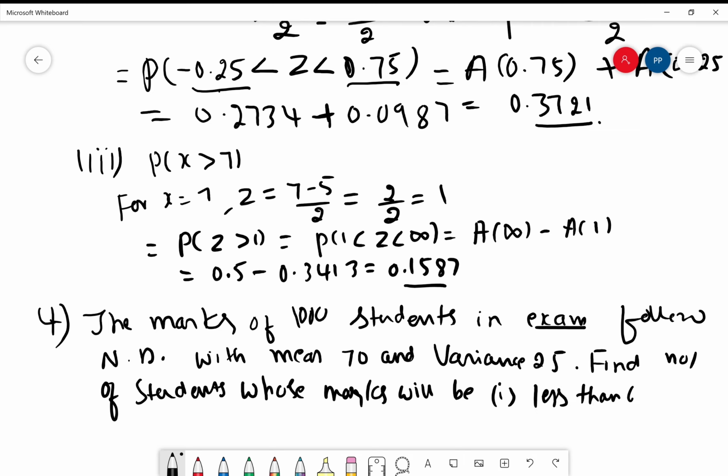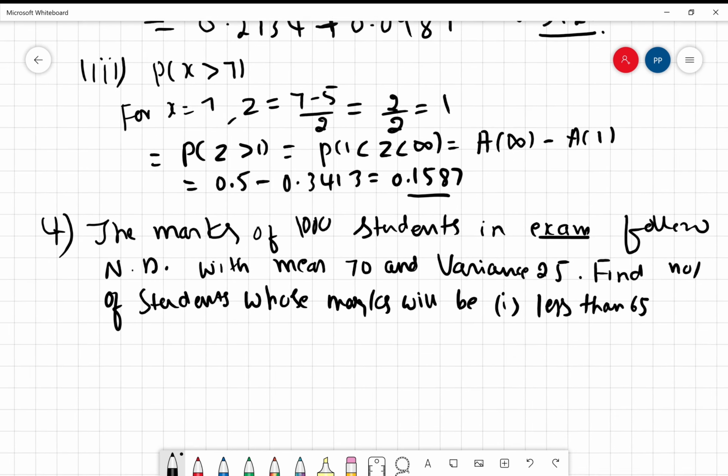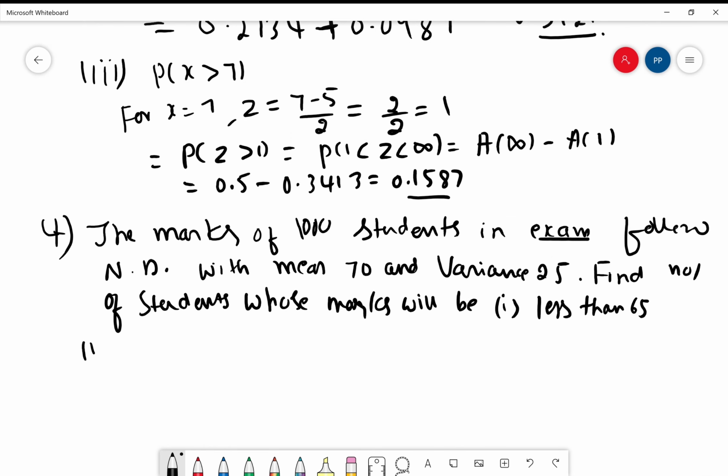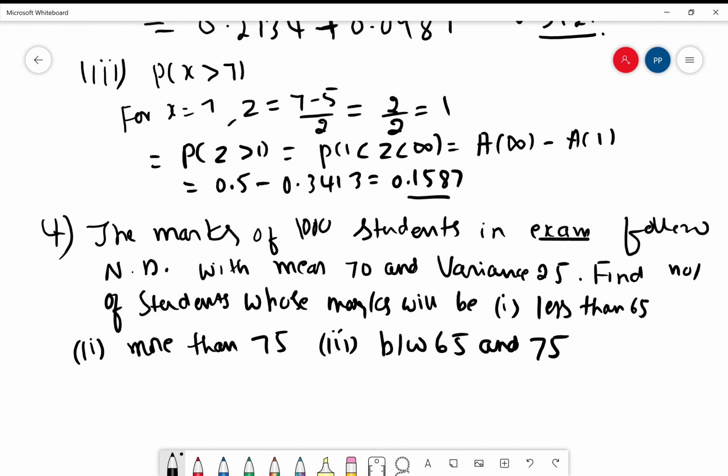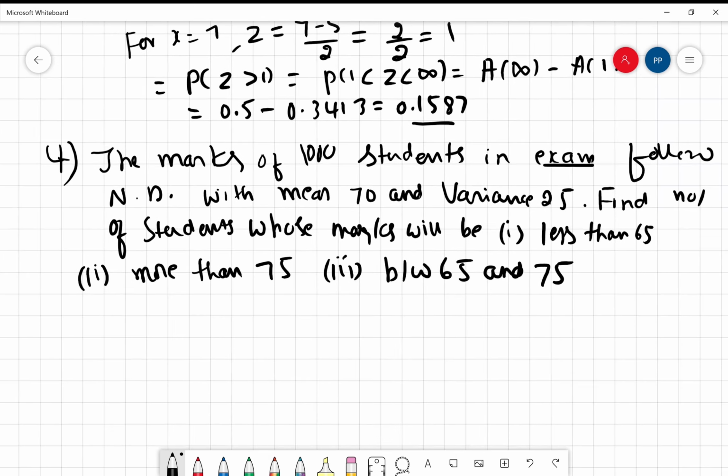Number 2, more than 75. Number 3, between 65 and 75. It's a model question paper problem.